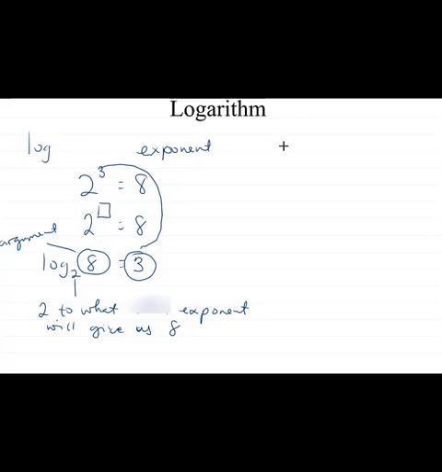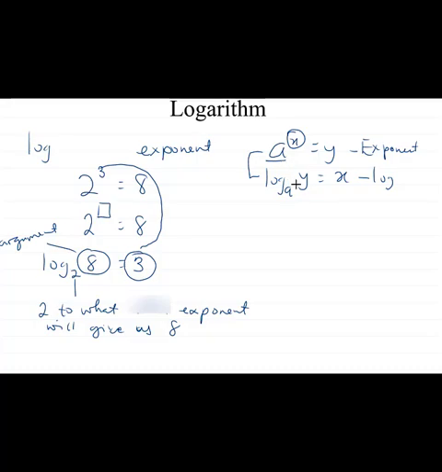So if I have a to the power of x that will give us y, this is exponential form. In logarithm form, we can write it as log base a, what is the base? a, of y will give us, the answer is always the exponent, so will give us x. So this is in log form.